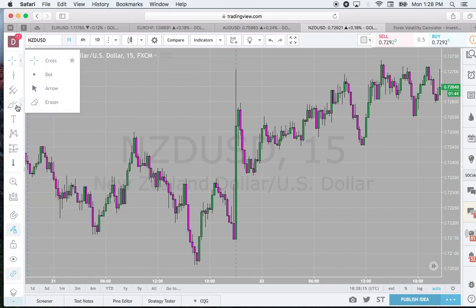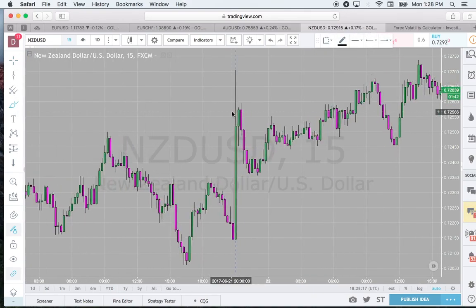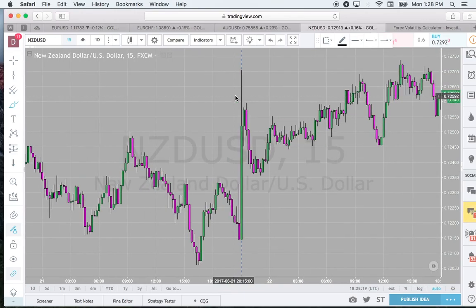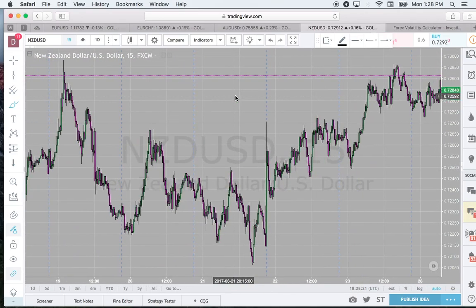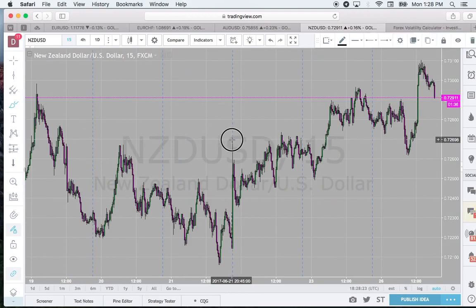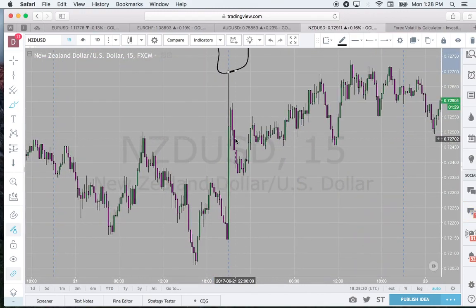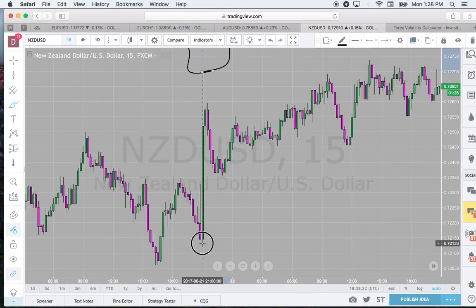So spread can be manipulated. Let's say spread was manipulated 20 to 30 pips on NZD-USD. There was this massive news event that occurred at exactly session changeover. How many brokers' screens were frozen at that time?